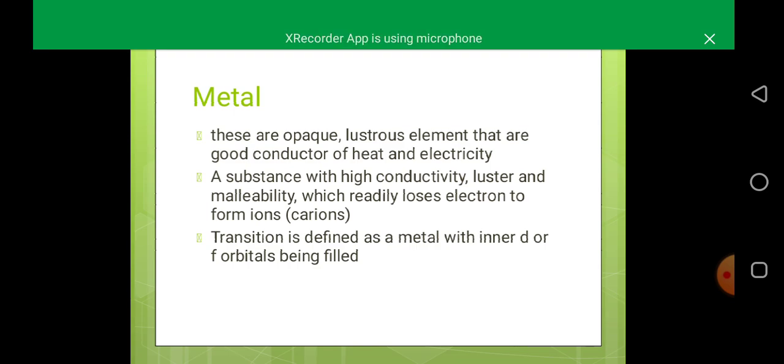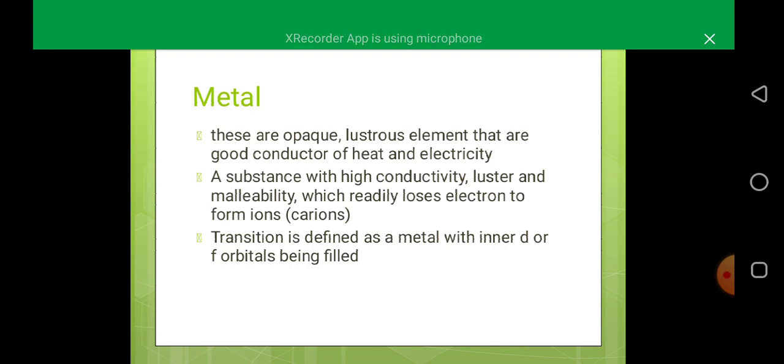Metals are often lustrous elements that are good conductors of heat and electricity. We all know metals conduct electricity and are good conductors of heat.